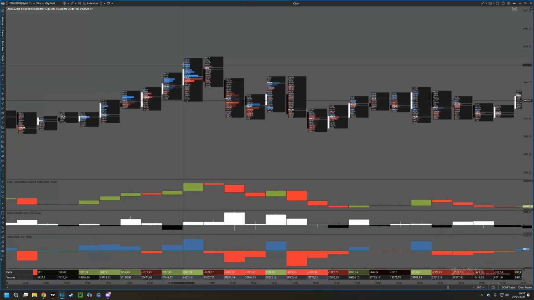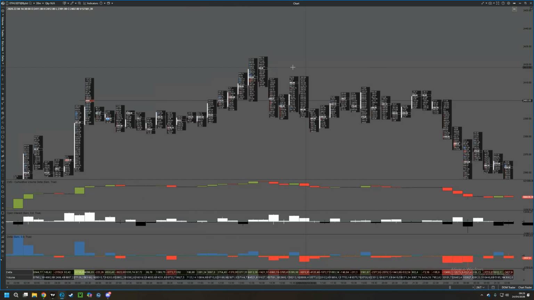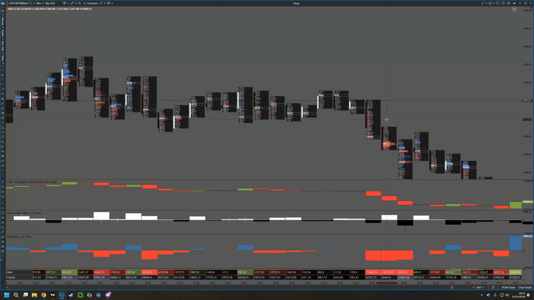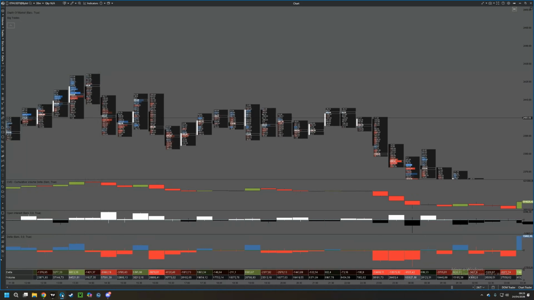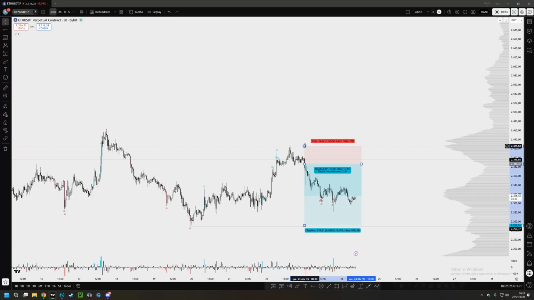If we zoom in, we have these contracts here. People were buying here a lot. If you see this, and once price starts losing this buyer, we can go short with stop loss above here. That's exactly what I did.